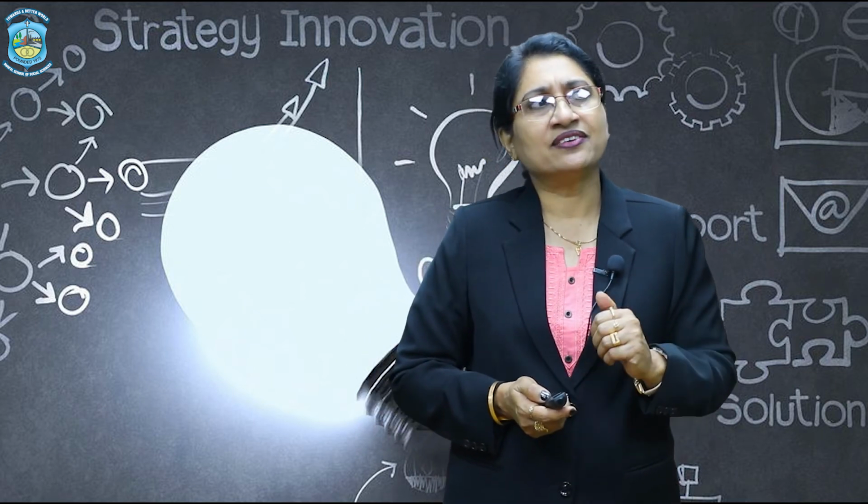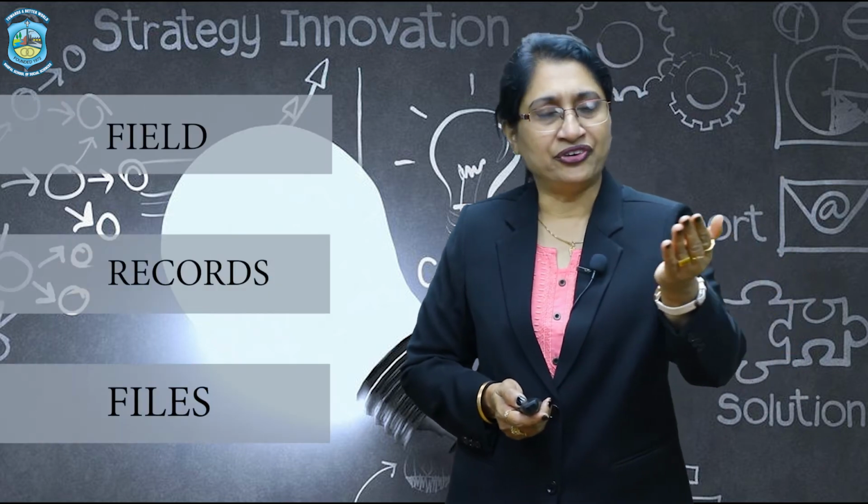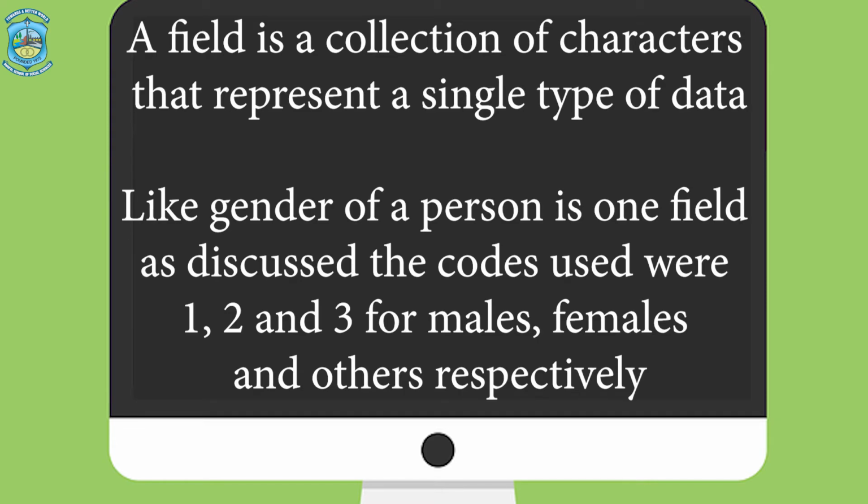Researchers organize these coded data into fields, records and files. A field is a collection of characters that represent a single type of data, like gender of a person is one field. As discussed, the codes used were 1, 2 and 3 for males, females and others respectively.